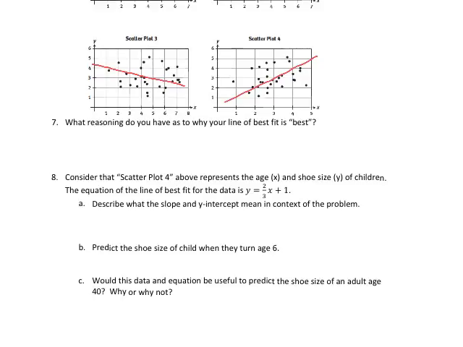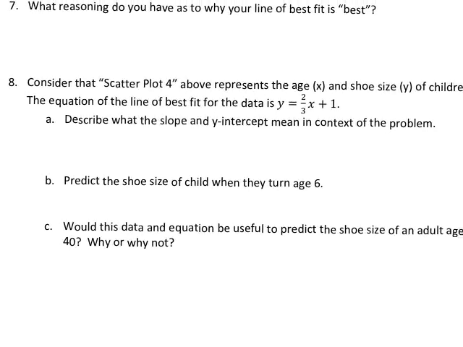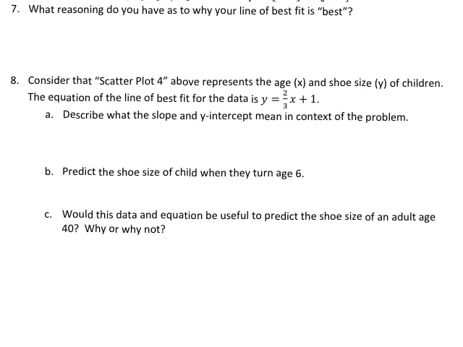So if it spits this equation out, X is age, Y is shoe size, and it gives me the equation Y equals 2/3 X plus 1. Describe what the slope and y-intercept mean in context of the problem.